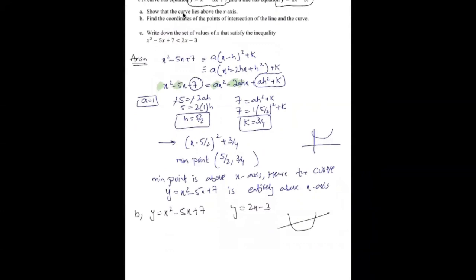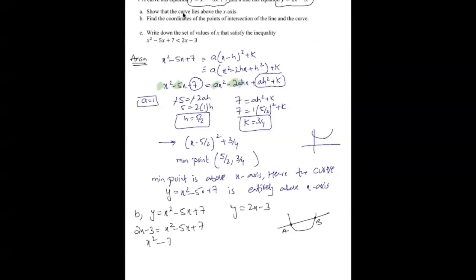The curve is intersecting the line at 2 points. Let me call them A and B. Please give me the points of intersection. So we replace y with 2x minus 3 in the equation and simplify.